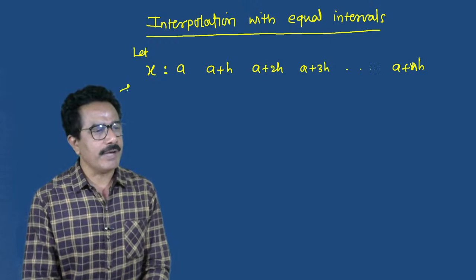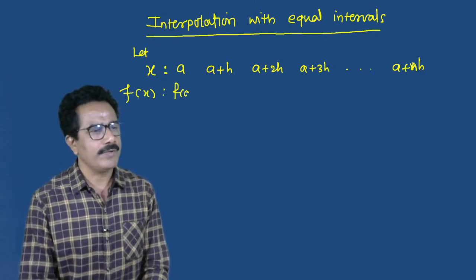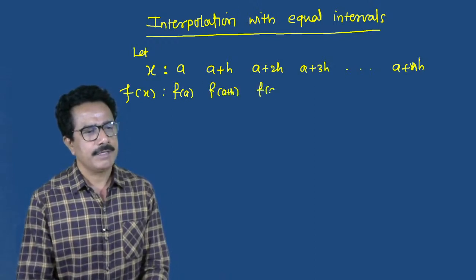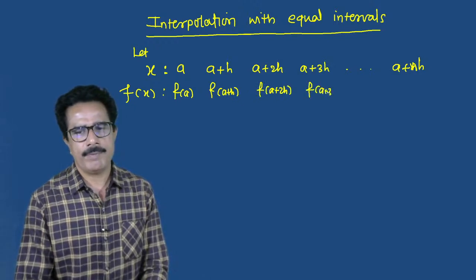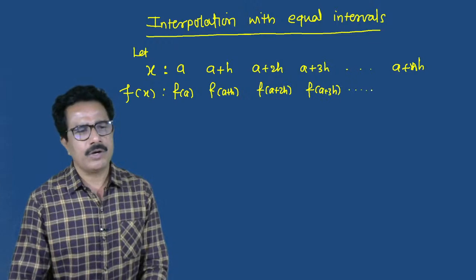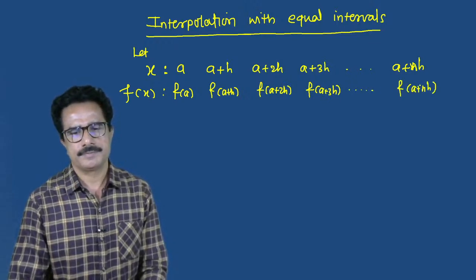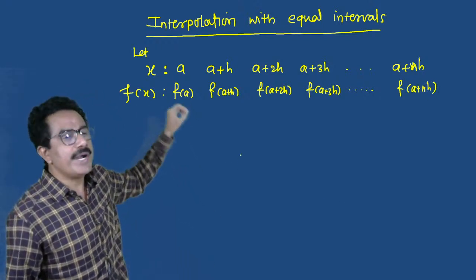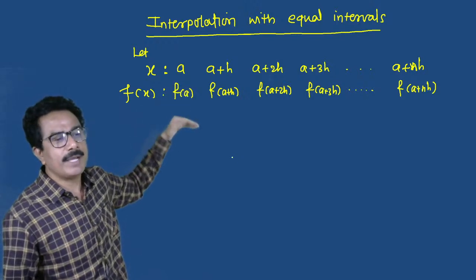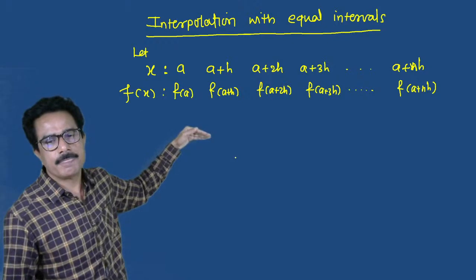Then its corresponding values, that is f of x, are f of a, f of a plus h, f of a plus 2h, f of a plus 3h, up to f of a plus nh.